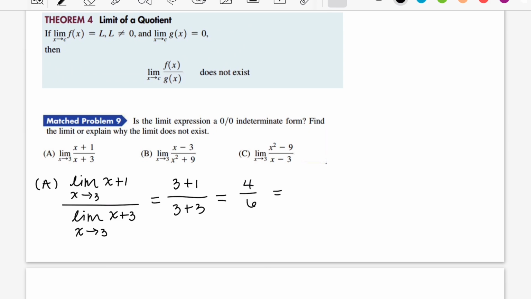So then we end up with 2/3 here. So this limit here is not in indeterminate form, and it does exist, and this is what it is.